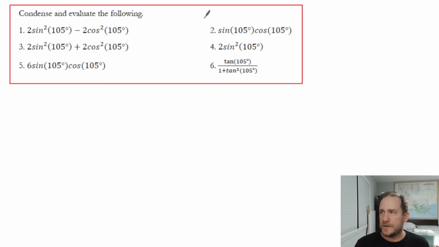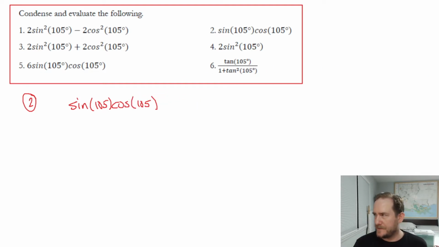So number 2 is a little different, so we'll do 2. If I see sine 105 and cosine 105, then that's looking kind of like the double angle identity for sine. It's just missing a factor of 2. So we'll use that trick where we multiply by 2, and we also multiply by 1/2.